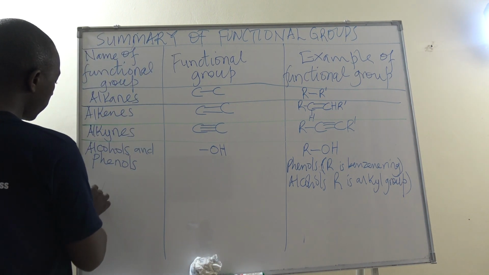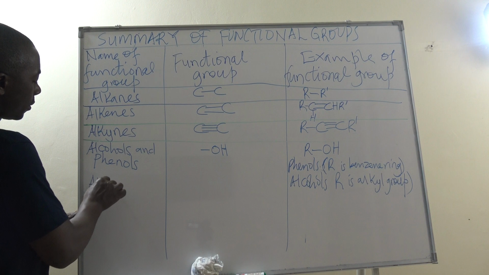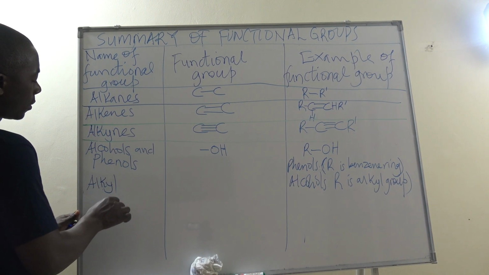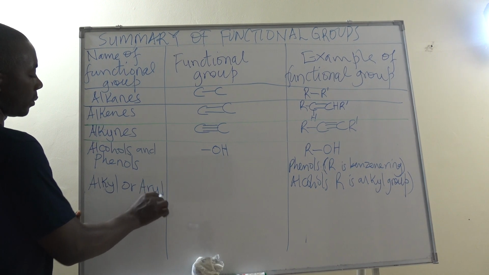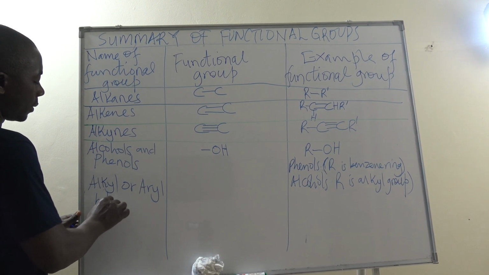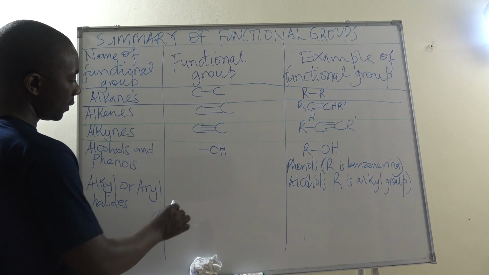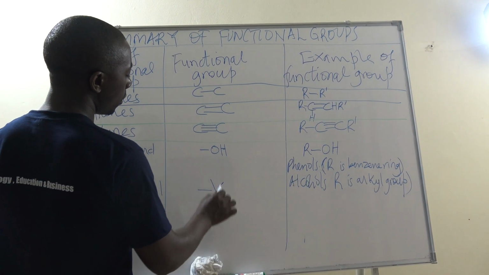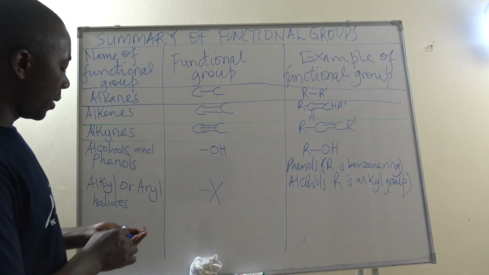Now we have another set of compounds called the alkyl or aryl halides. They have a general functional group which is dash X, meaning there is another compound bonded there.